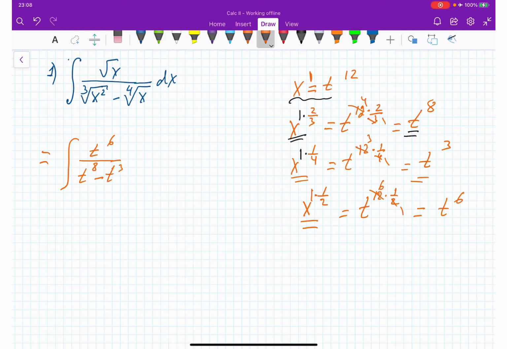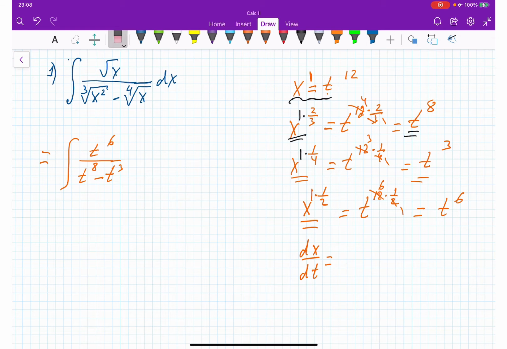Now I need to get rid of dx, rather saying express dx by dt. So dx by dt, I'm taking the derivative of t to the 12.